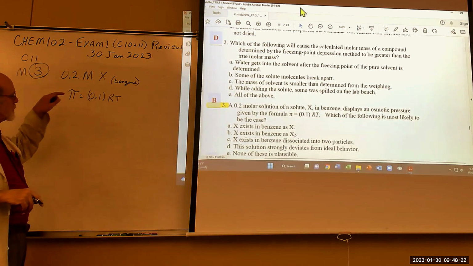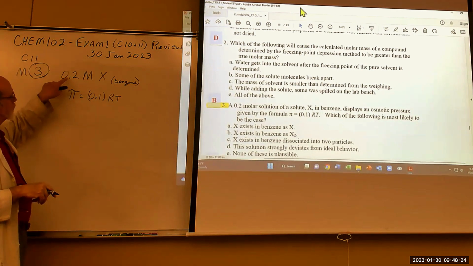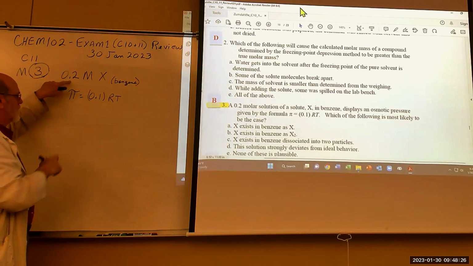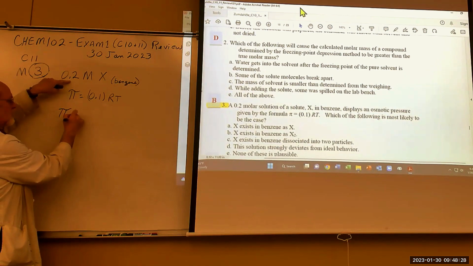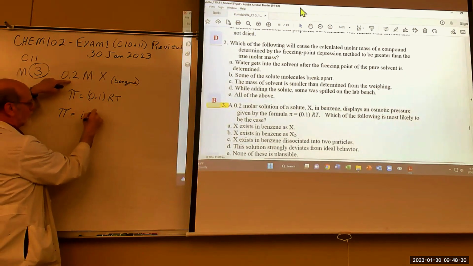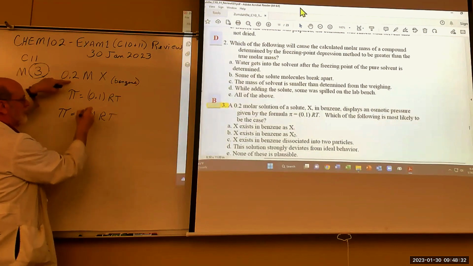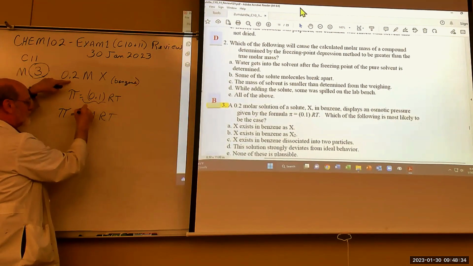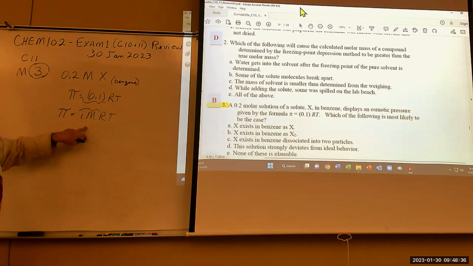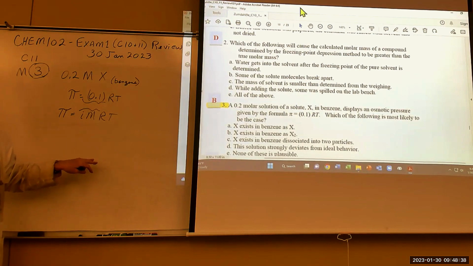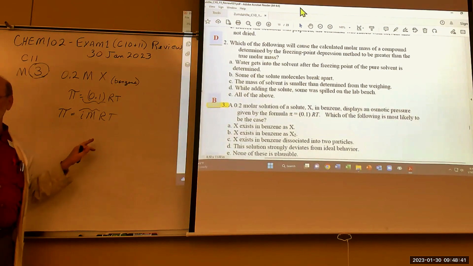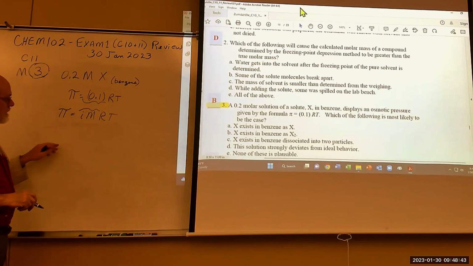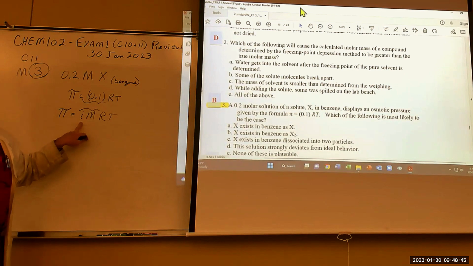Okay, notice the difference here. That's the actual concentration. So what we're dealing with here is the modified version, pi equals iMRT, and this is both of those together. Does everybody see that? This is the van't Hoff correction.